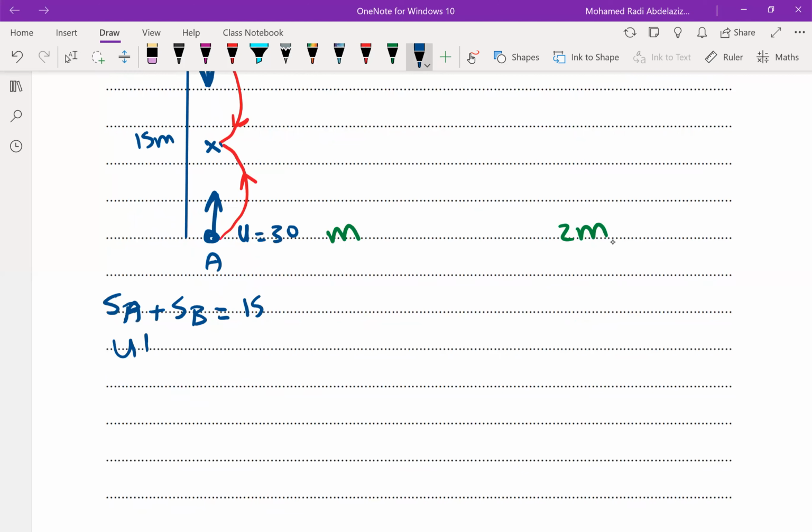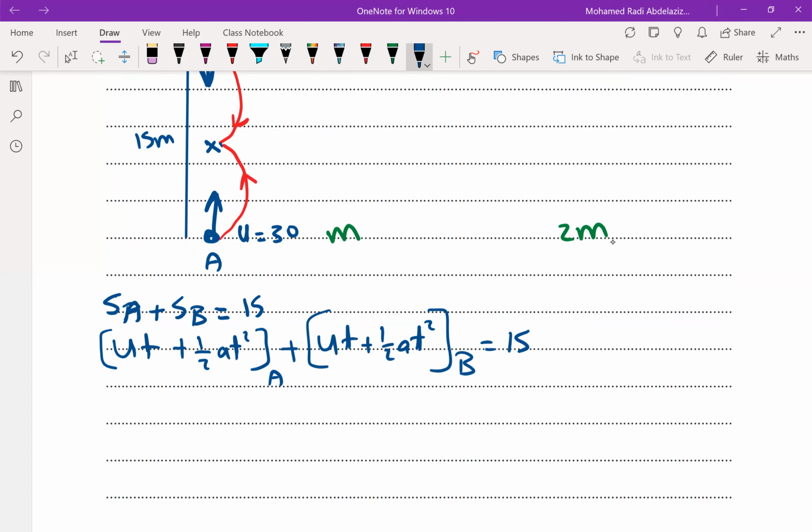ut plus half at squared, this is for particle A, plus ut plus half at squared, this is for particle B, is equal to the distance, which is 15. The positive direction is up.